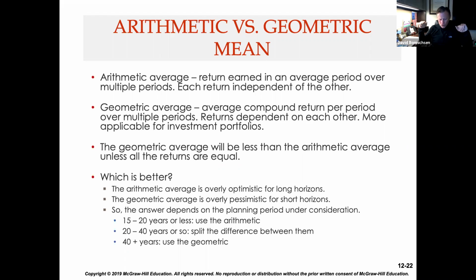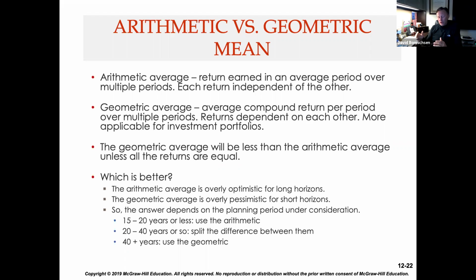So when we think about how these 2 different average calculations work and look at the differences between the 2 models, the arithmetic average, where the returns are independent of one another, is going to create an overly optimistic scenario when we're talking about long time horizons, 20, 30, 40, 50 years.